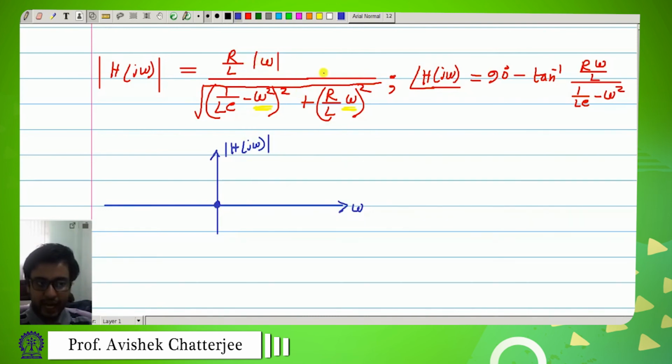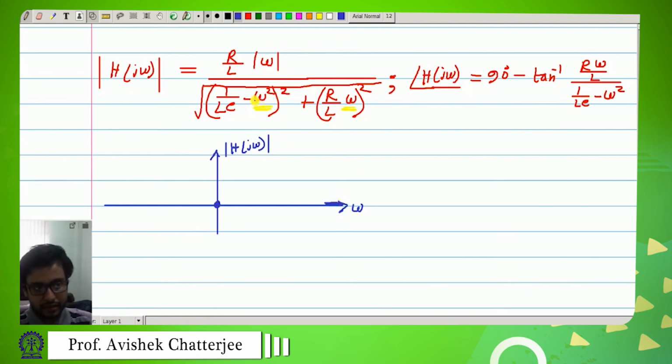And at very high frequency, when omega is very high, in the denominator there will be one term with omega to the power 4, which will be the dominant term, and that is under the root. So the denominator will have omega square dominating, and the numerator has omega. So the denominator will be larger. Then at very large frequency, this magnitude will again be 0.